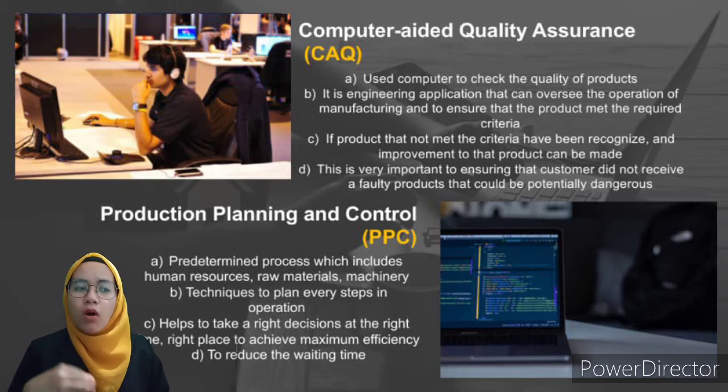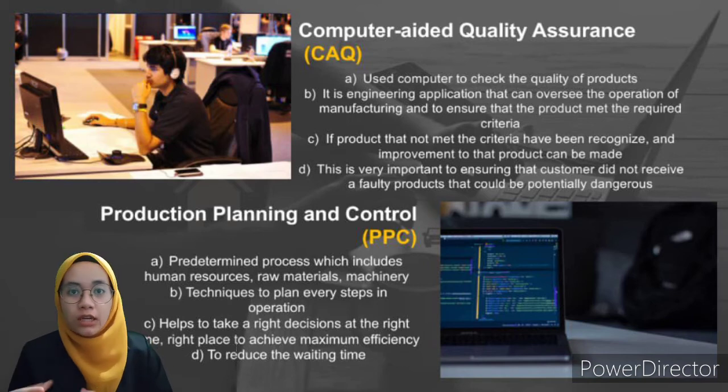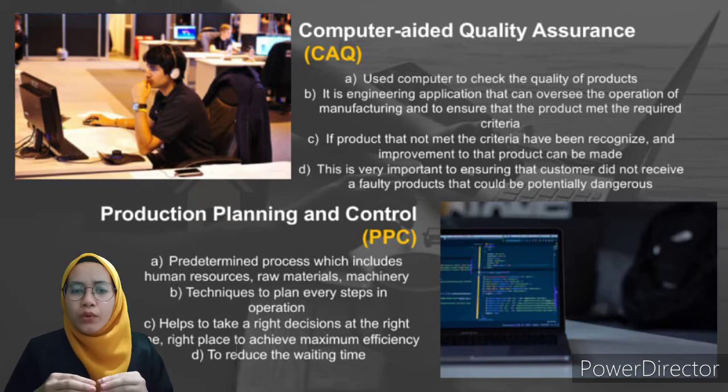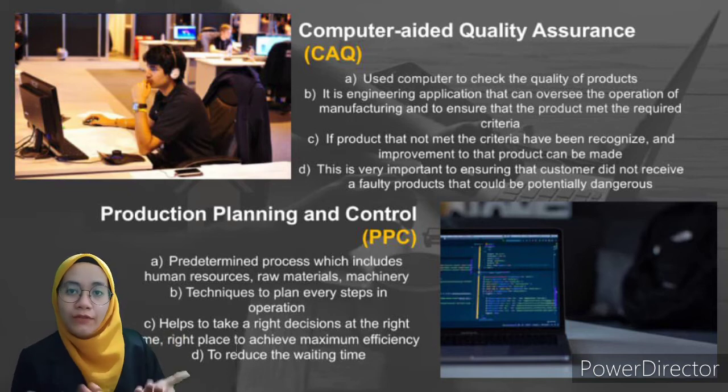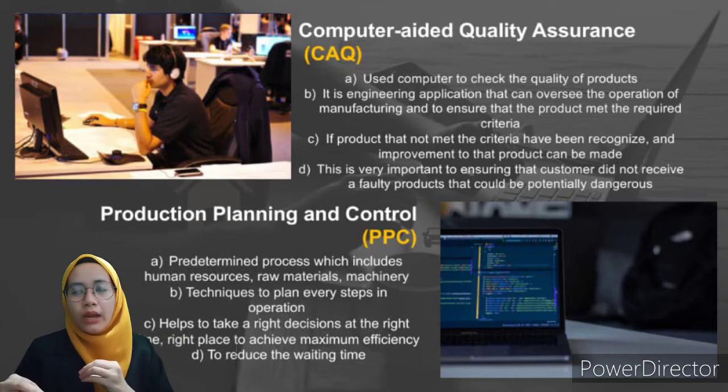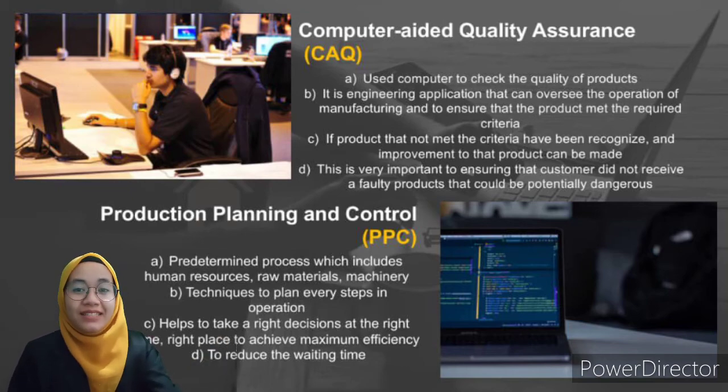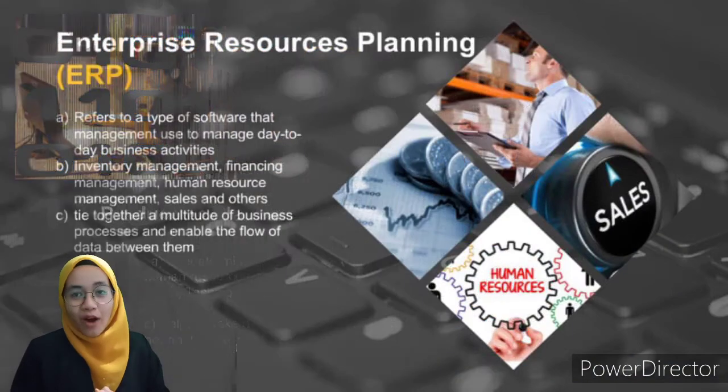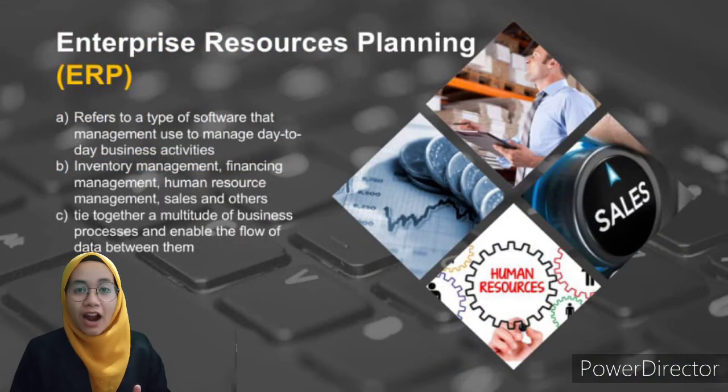PPC is also important to reduce waiting time. With PPC, we can plan when we want to produce the car, like when we make the body first, then how long we need to make the engine, the door, the side mirror, and so on.